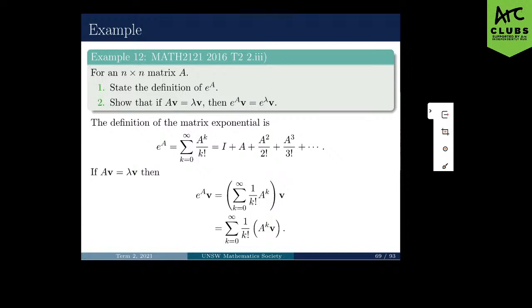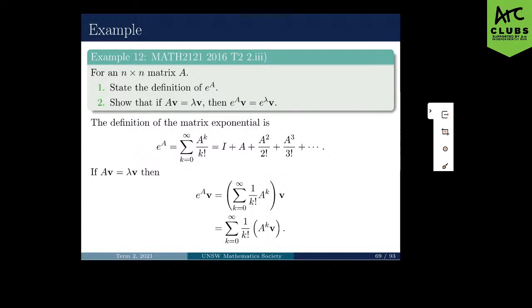Show that if v is an eigenvector for eigenvalue lambda of matrix A, then e to the power of A times v is equal to e to the power of lambda times v. And just note that this v is very important because e to the power of A is a matrix and e to the power of lambda is a real value, so we can't just cross out the v's.